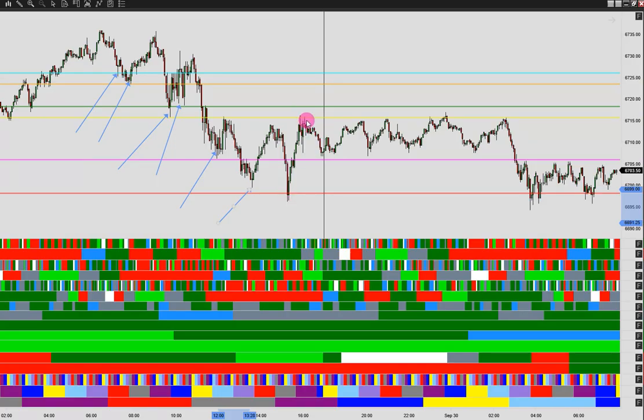And then after the day session close, the yellow and magenta line contained the price action. And then after the European Open after 2 a.m., the market traded back down and found support on the red line.